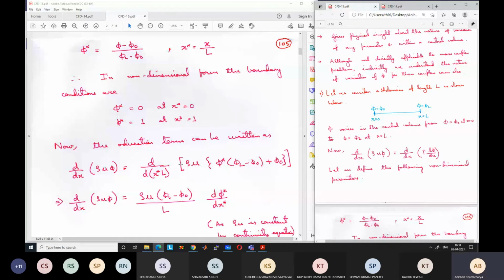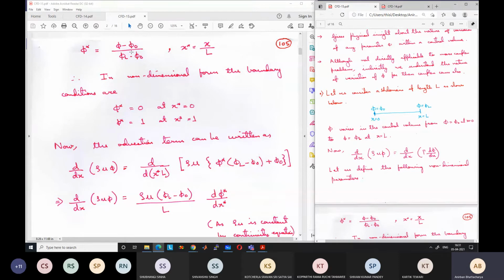What will be phi? Phi will be equal to phi star into phi L minus phi 0 plus phi 0. Okay. Phi star into phi L minus phi 0 plus an additional phi 0. So this we are going to replace here. Instead of phi, we will write it as phi star into phi L minus phi 0 plus phi 0. Okay. So this is our expression.